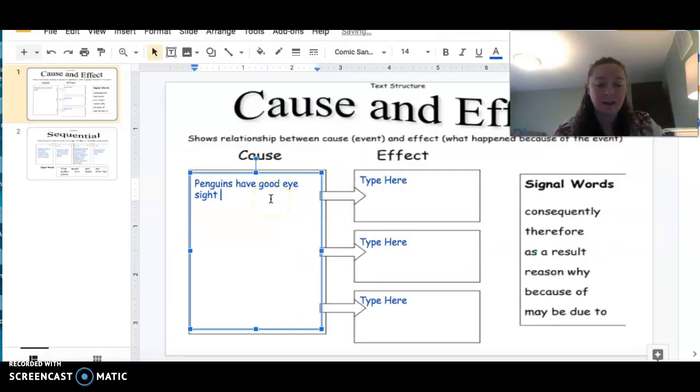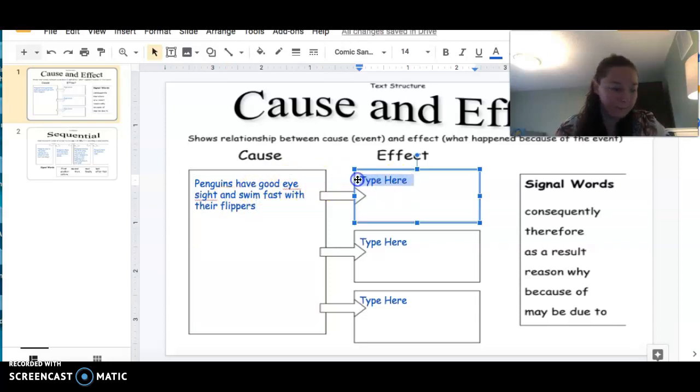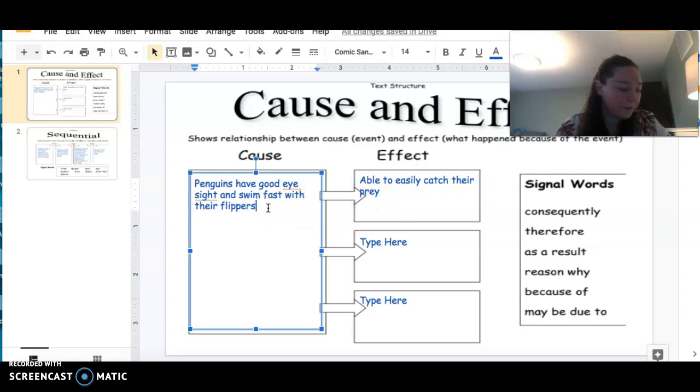Penguins have good eyesight and swim fast with their flippers. So that's my cause. And the effect is they're able to easily catch their prey. Okay. We also learned that penguins look for large groups or schools of prey.